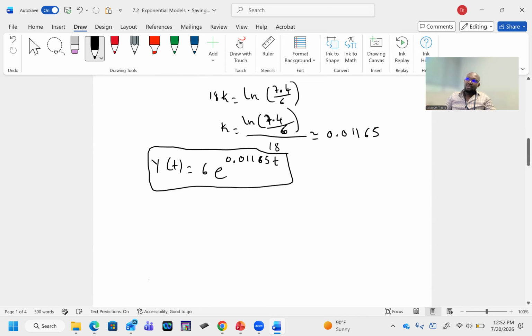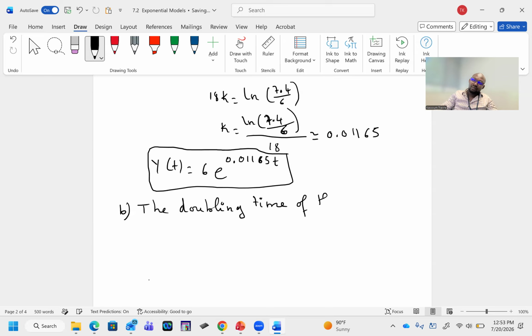And then B, doubling time. The doubling time of the population is what? We have the formula T2 is equal to ln of 2 divided by k.